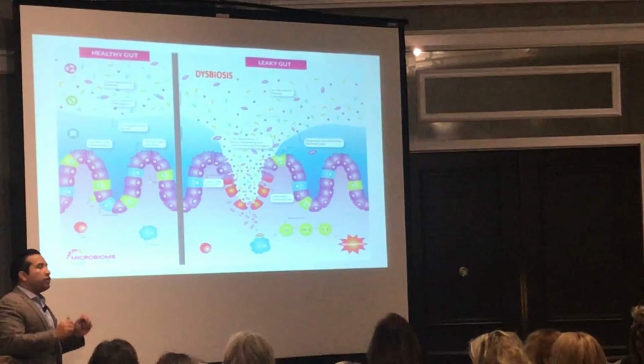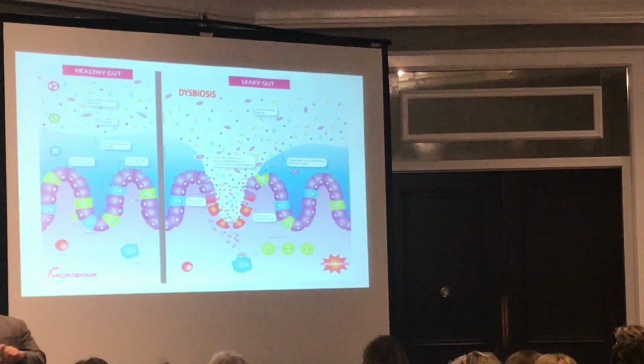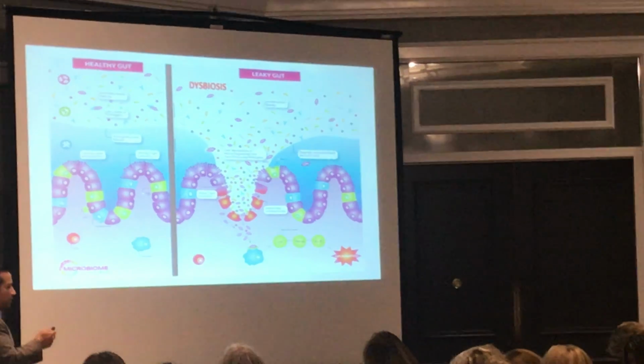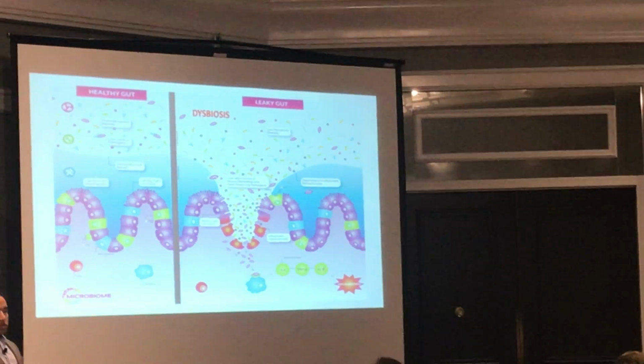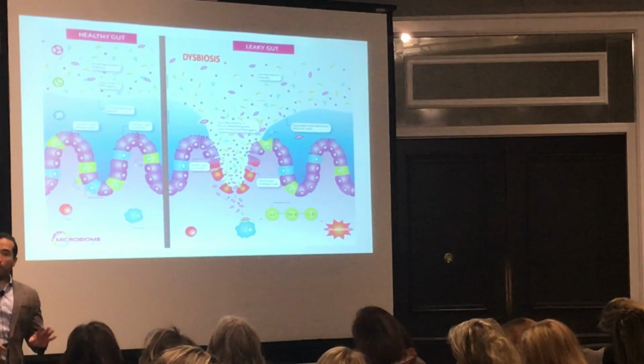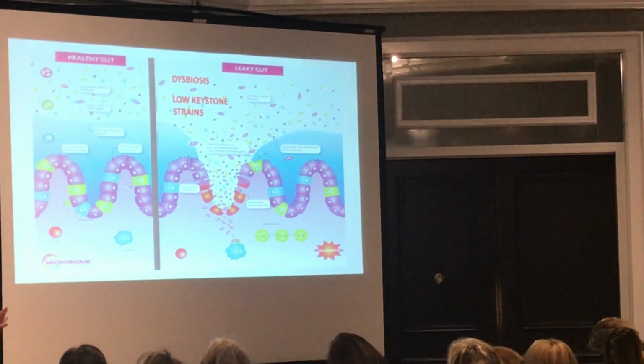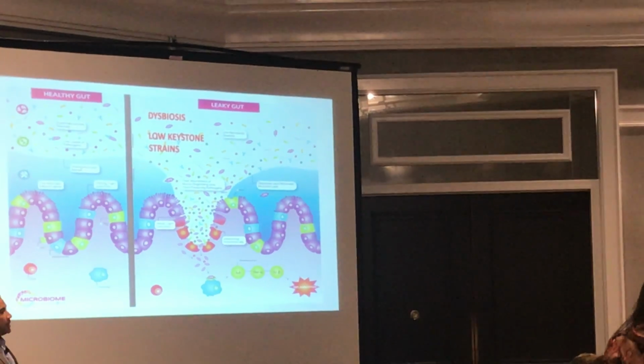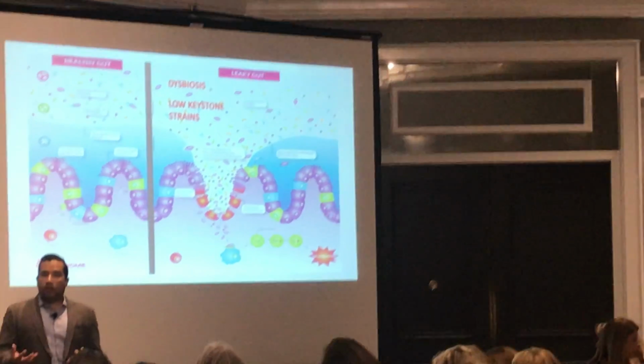So when you're looking at microbiome science, we're trying to look at themes and universal features across the board that dictate dysfunction. The first thing across the board that's universal in a dysfunctional microbiome is low keystone strains. So these are called keystone strains because they hold up the rest of the microbiome, right?